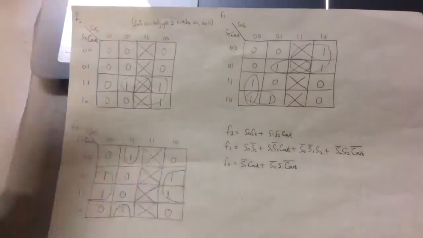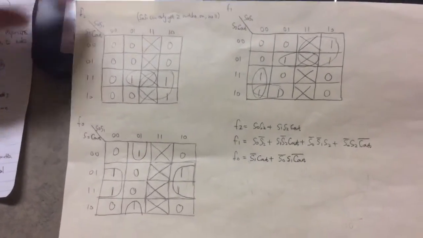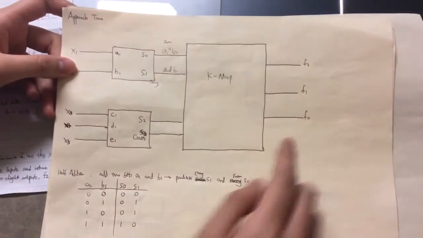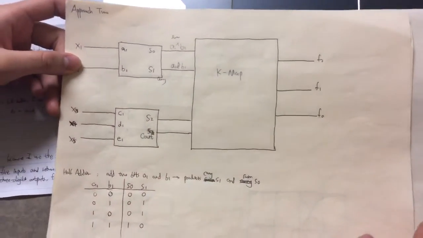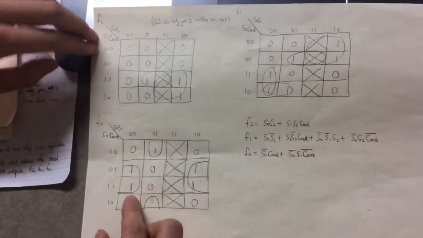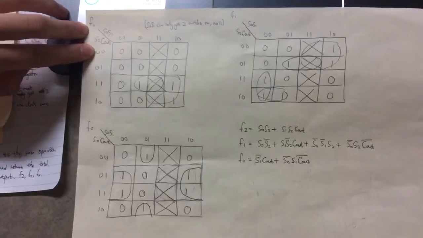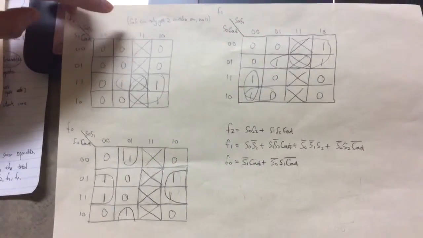Then I need to draw the k-maps for f2, f1, and f0. They are the outputs I need, and I have 4 inputs here. So I need to add the four two-digit numbers together.